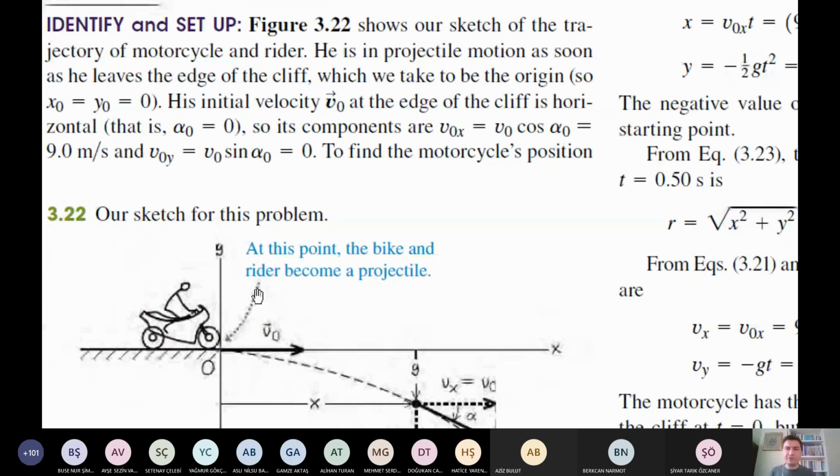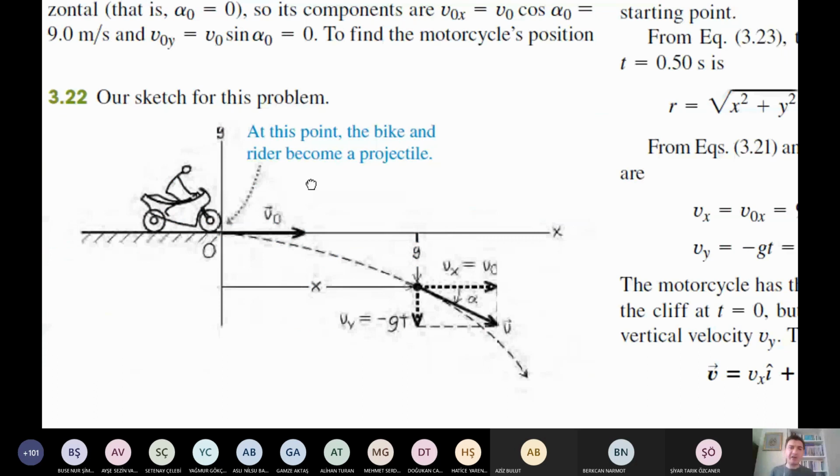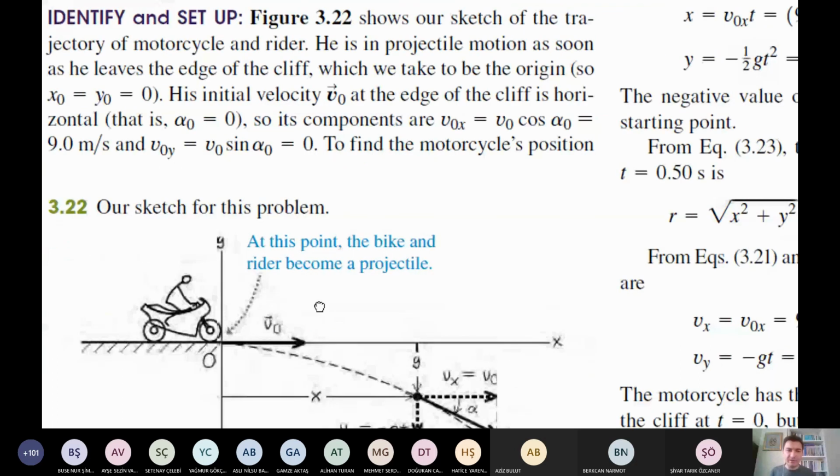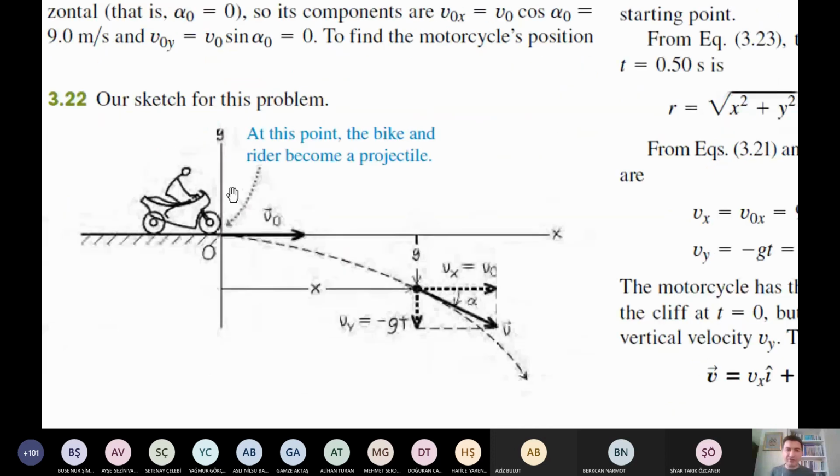You can use the equations which we have learned in the previous transparencies. So what do you have here? This is the positive y direction.